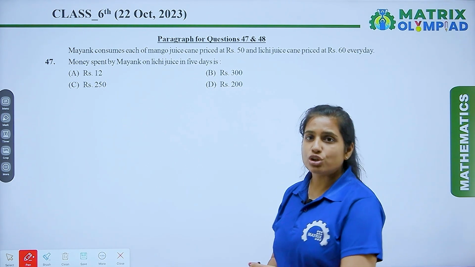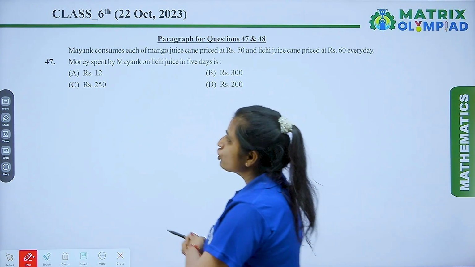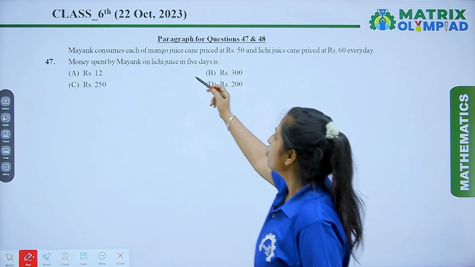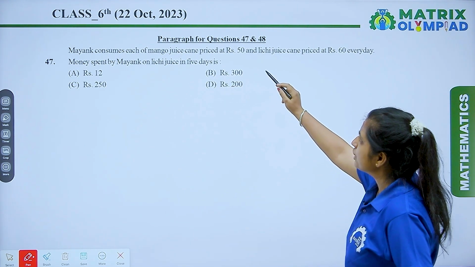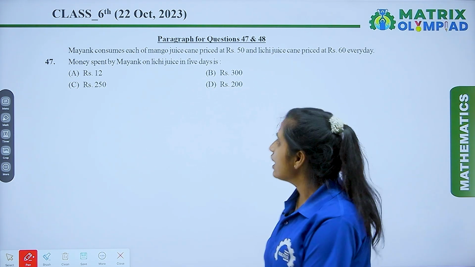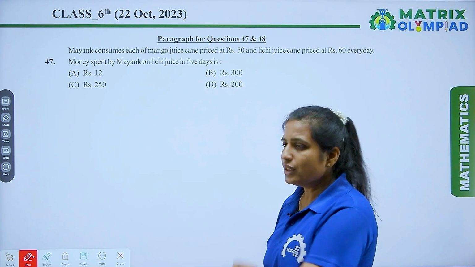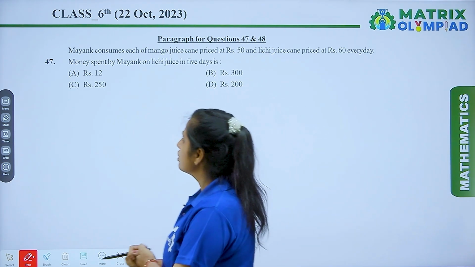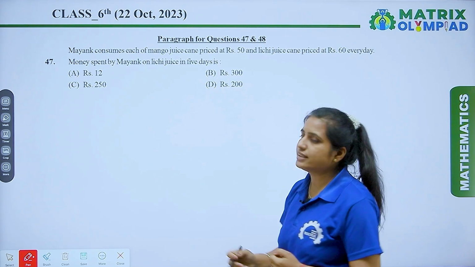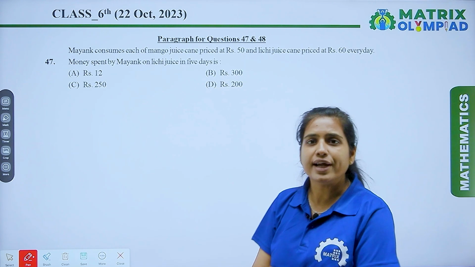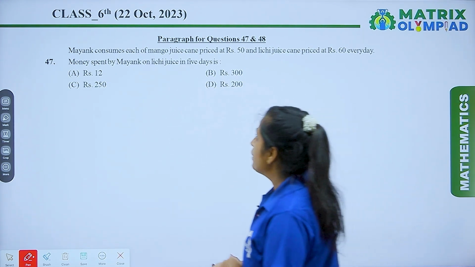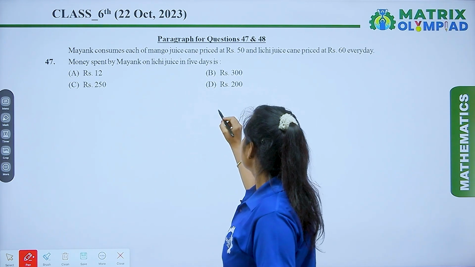Now the next question is question number 47. This question is based on the paragraph and the paragraph is Mayank consumes each of mango juice can priced at rupees 50 and lychee juice can priced at rupees 60 every day. So the information is given to us. Let's see the question. Money spent by Mayank on lychee juice in 5 days is. So we have to find out the amount spent by Mayank on lychee juice in 5 days.